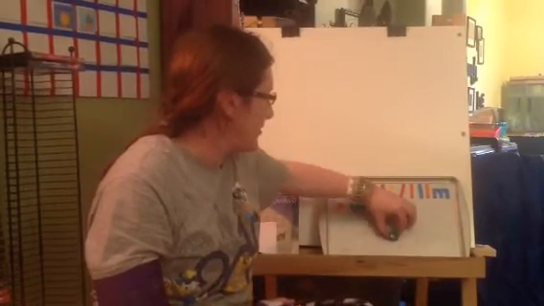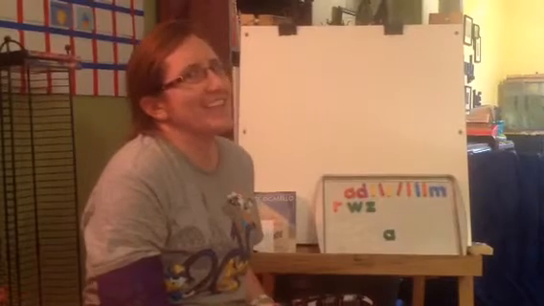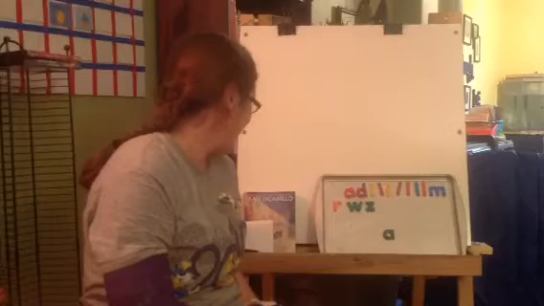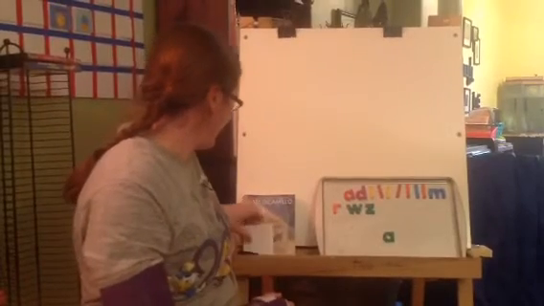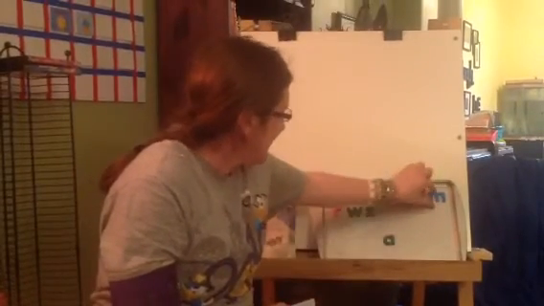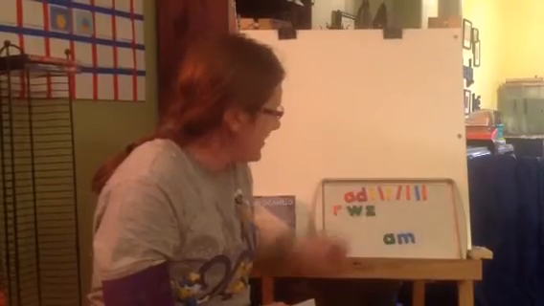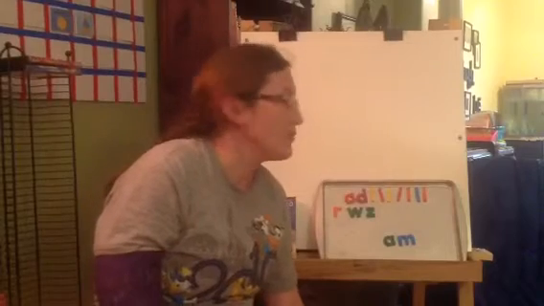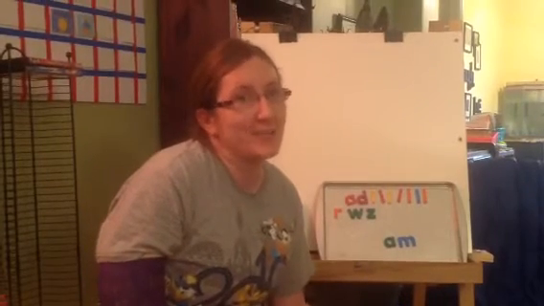The next word we're going to do is A. If you don't have A, you can add it to your list. Now I'm going to add an M and make the word am. If you don't have the word am, you can add it to your list.